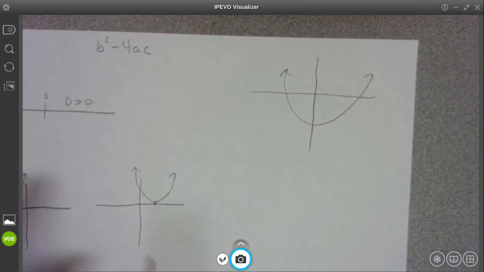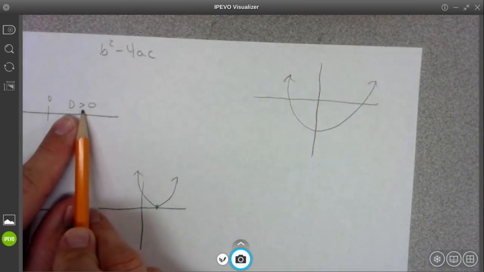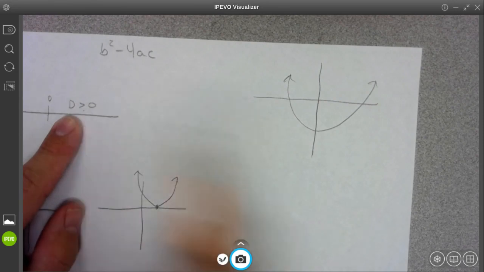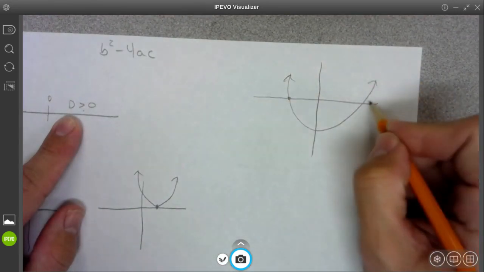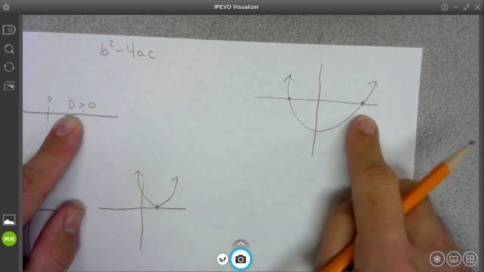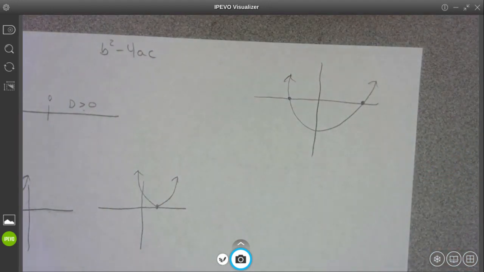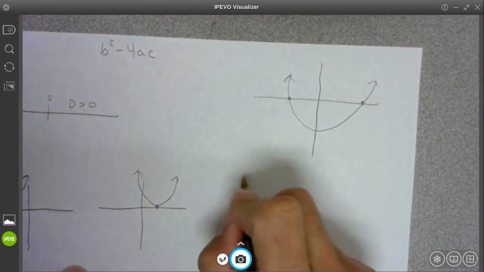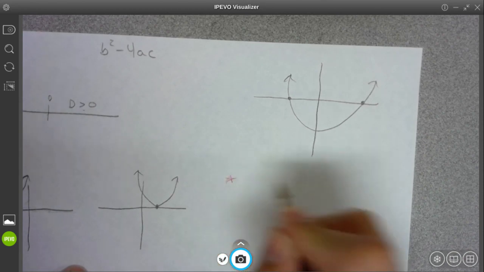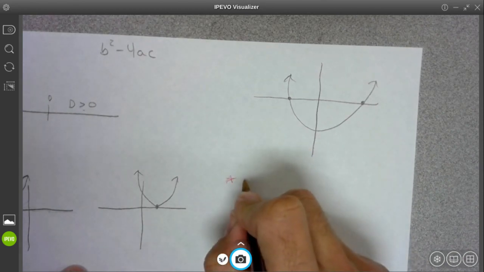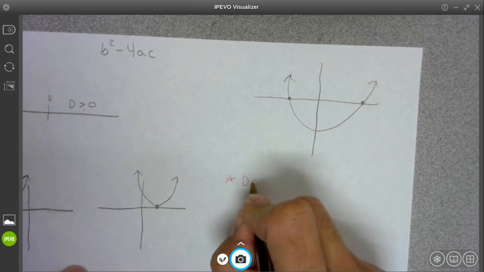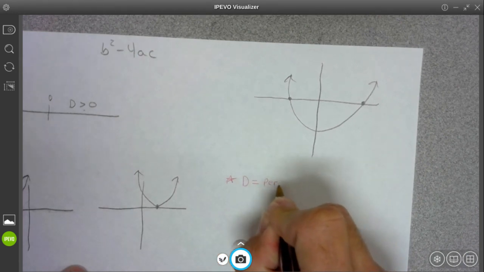And there's also the case where the discriminant is positive, or greater than 0. When that happens, you get two places where it crosses. And I did say that they were two real solutions, but I need to be more clear there. There's actually two cases. The first case is when the discriminant is equal to a perfect square.